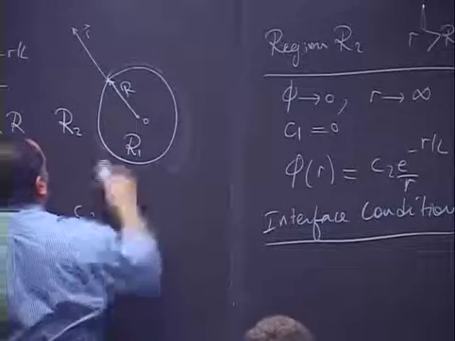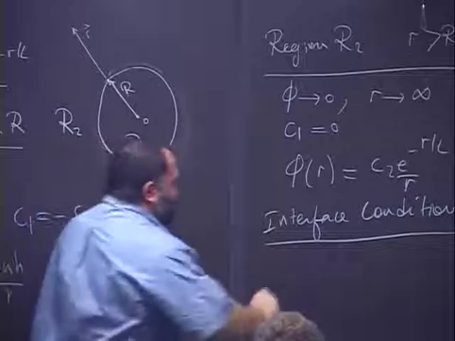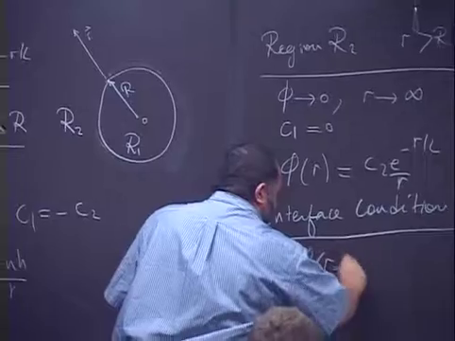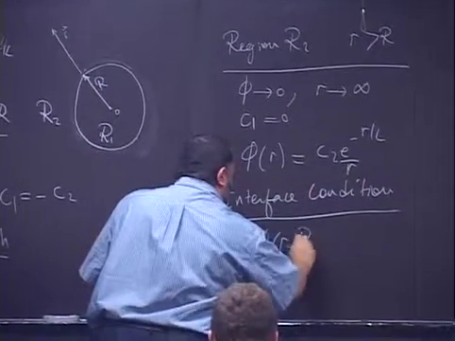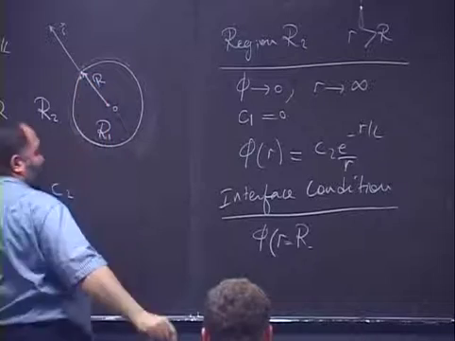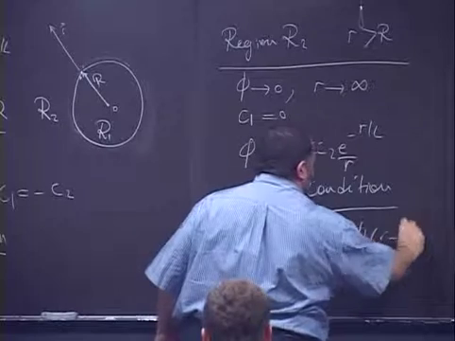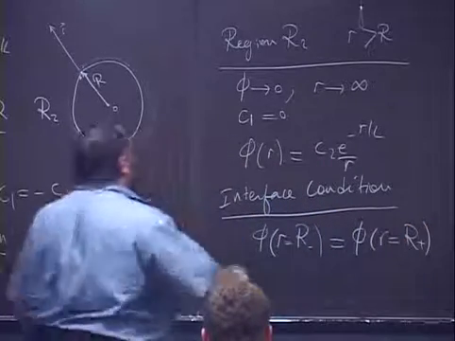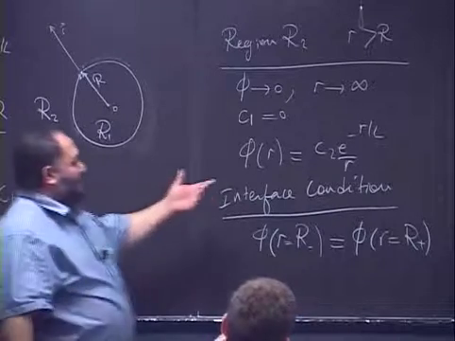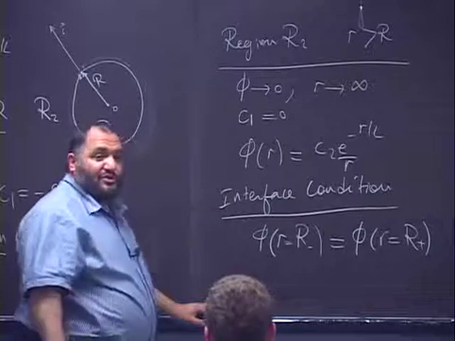So at this interface, your flux at r equal to R minus, which means that you are here in this region, should be equal to the flux at r equal to R plus, which means that you are here. So you will get the flux from this equation equated to the flux from this equation when r equal to R capital.